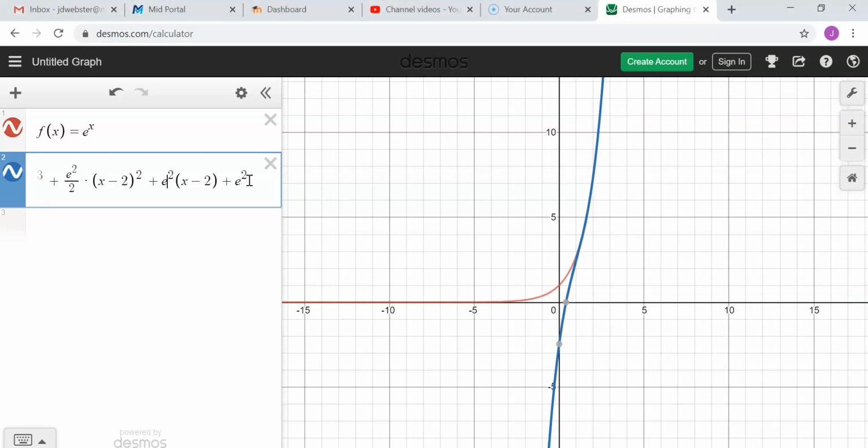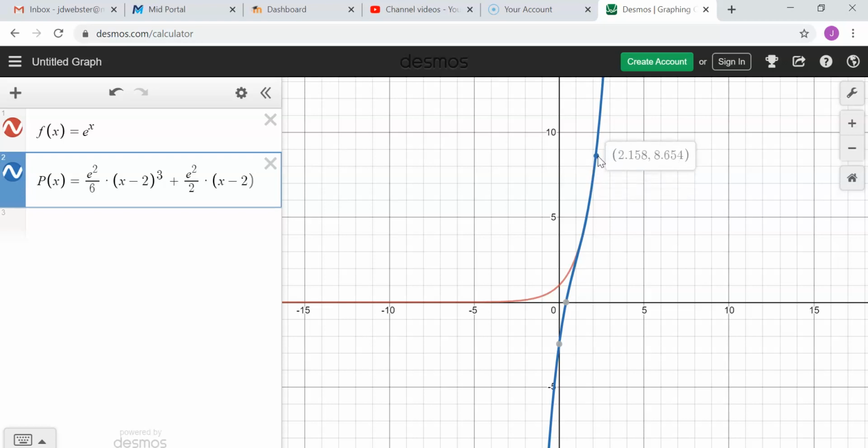Now I wrote this correctly. The polynomial I dealt with: e squared over 6 times x minus 2 to the third plus e squared over 2 times x minus 2 to the second plus e squared times x minus 2 plus e squared. And you'll notice at the value of 0, these things don't match up very well anymore. But at the value of 2, which is right there, roughly, this does match up pretty well, okay?